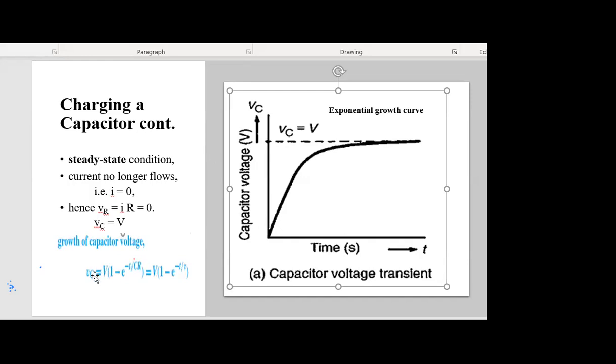So when you look at this equation here, you just need to know the equation. You don't need to know how to derive it.